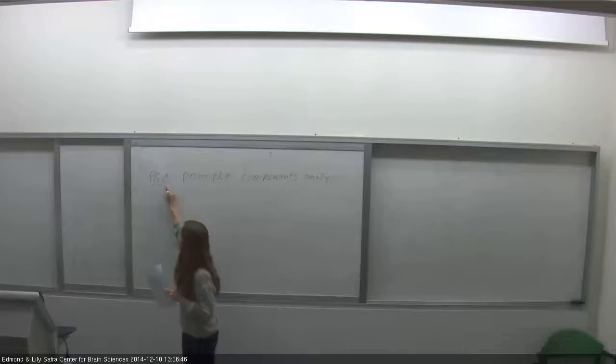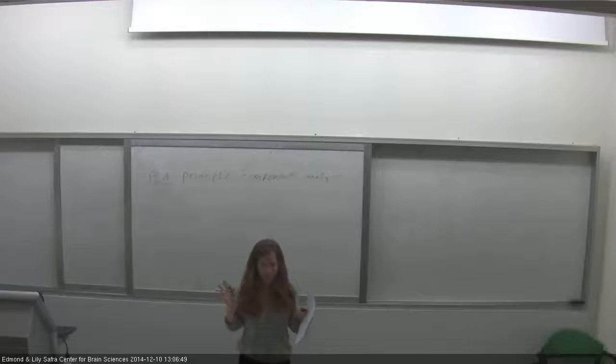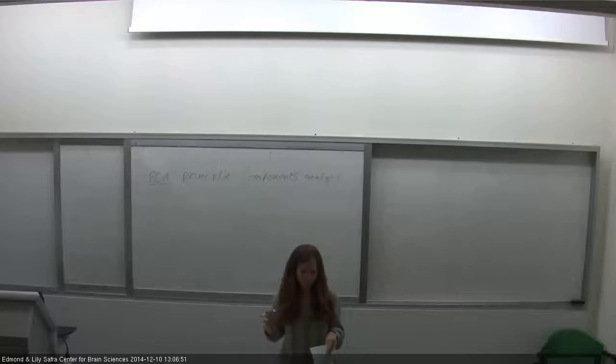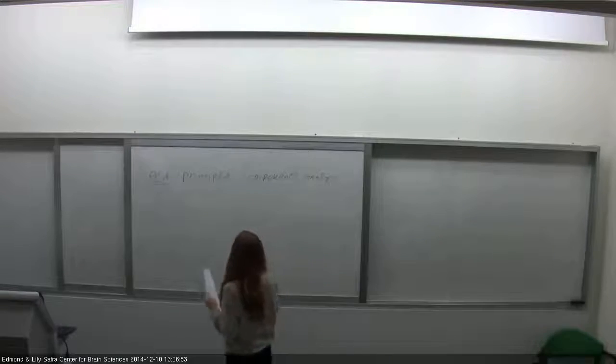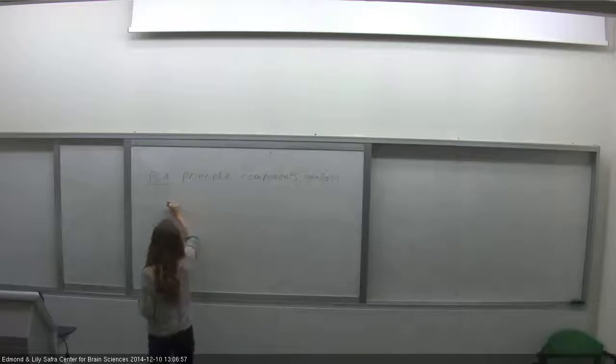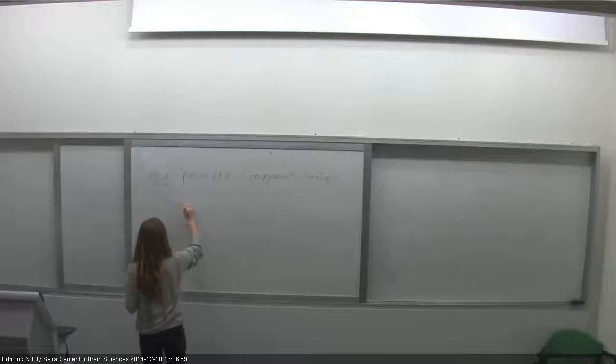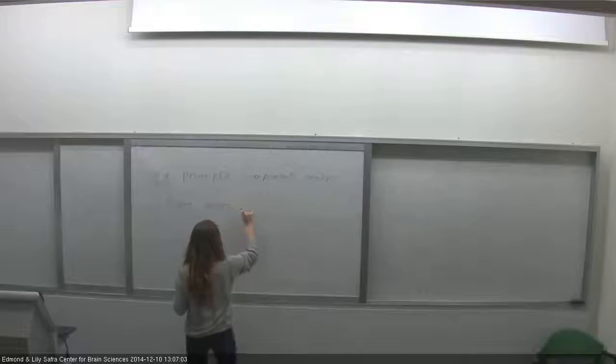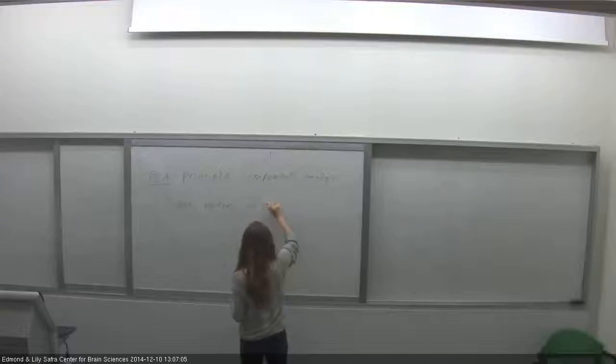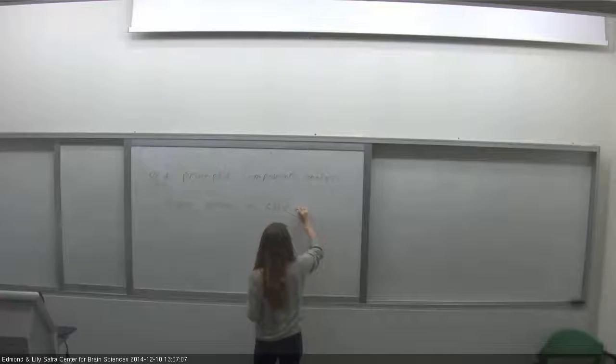So PCA is something that is well defined, and we did it a lot until now. It's finding the principal components. It's just finding the eigenvectors of the covariance matrix of the data.